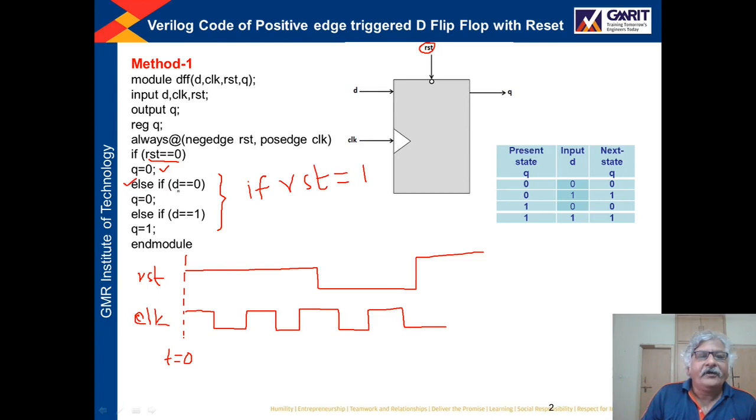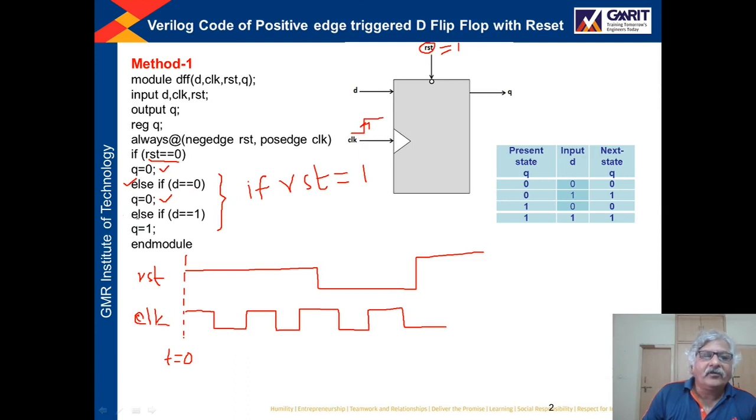So now what will be evaluated? Else if D is equal to 0. If D is equal to 0, then what will happen? 0 will be assigned to Q, right? Because we know that 0 will be assigned to Q if this flip-flop is having RST 1 and a positive edge of clock is detected.